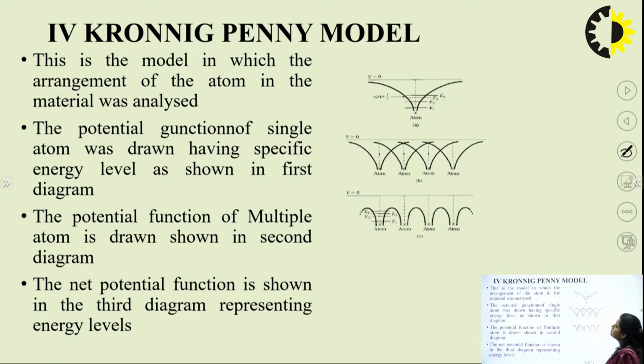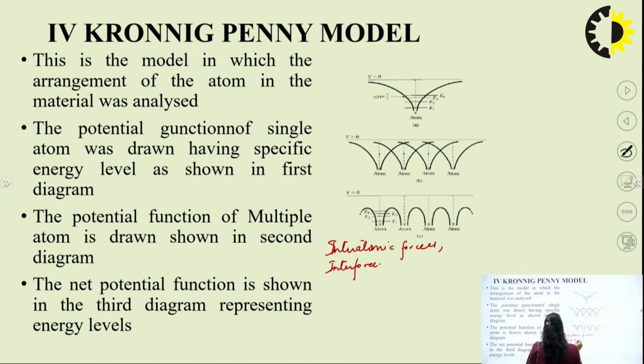Before going into the Kronig Penney model, we have already discussed the overlapping of the atoms. There are two types of forces: interatomic forces, which we have already discussed, and between the atoms there are some internal forces and some external forces.